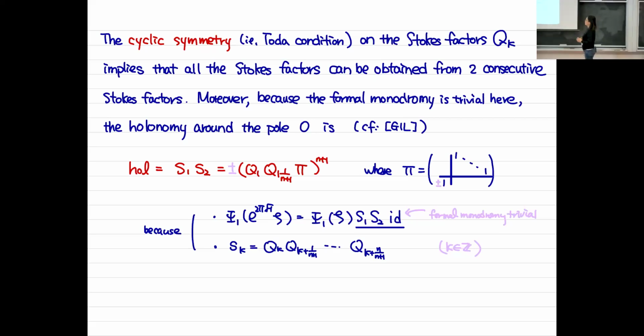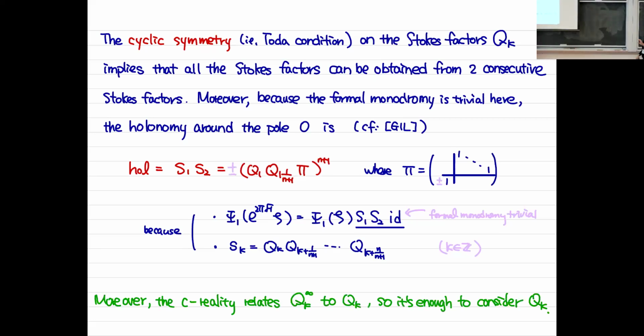So that's S1, first Stokes, second Stokes, and then your formal monodromy. But now because it's trivial, that's just identity. So the holonomy is the product of S1 and S2. And because of the cyclic symmetry, it's basically just QQ pi. The plus minus represents that, depending on whether n+1 is even or odd, you will have a minus sign. So that's the QQ pi that you will see.